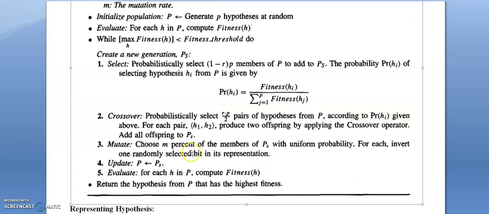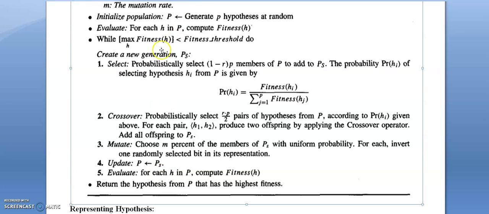Now in the next step, the current population will become the new population. So the new population is assigned to the current population. Again we will compute the fitness value of the current population.